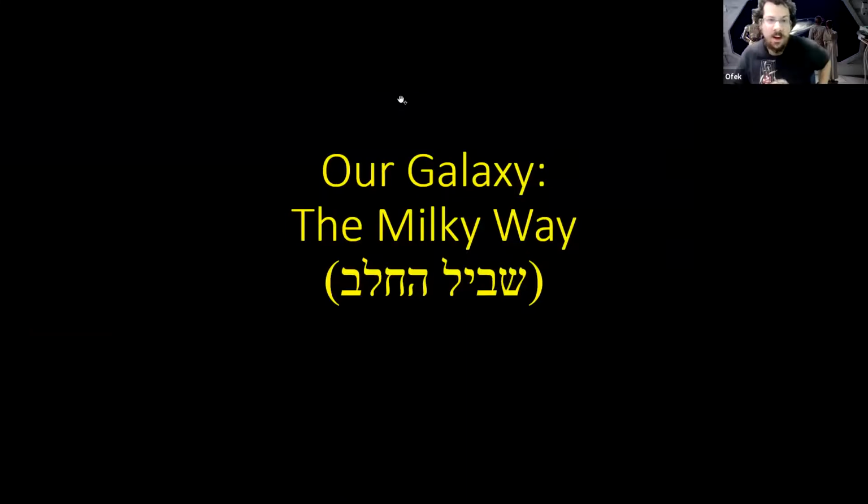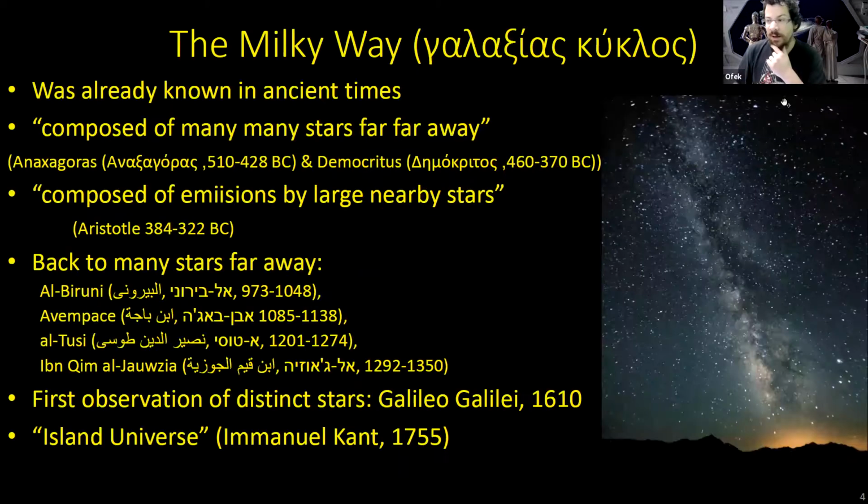Starting with our own galaxy, maybe one of the most prominent features in the night sky for a very long time in history. Difficult to see today. If you live in a populated area, in a city, then the lights around the city will typically dim out or outshine the galaxy, this galactic plane.